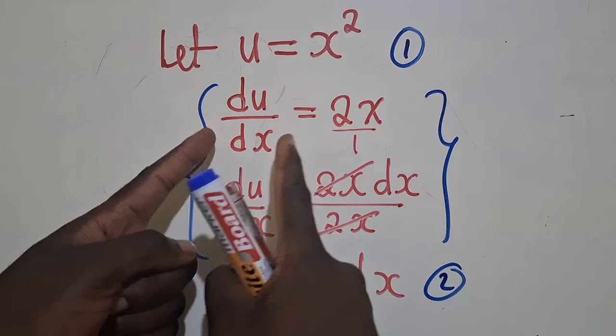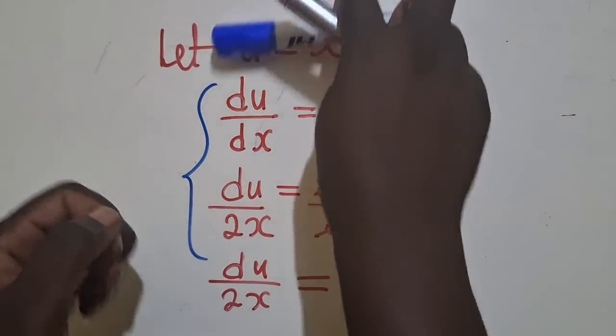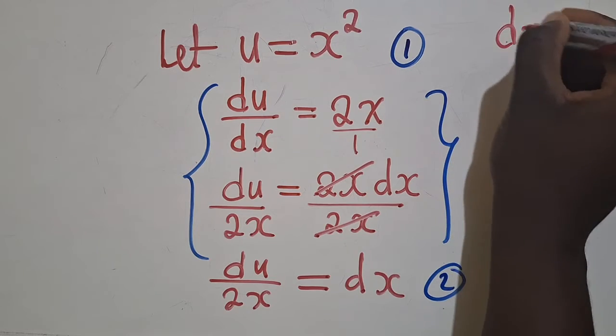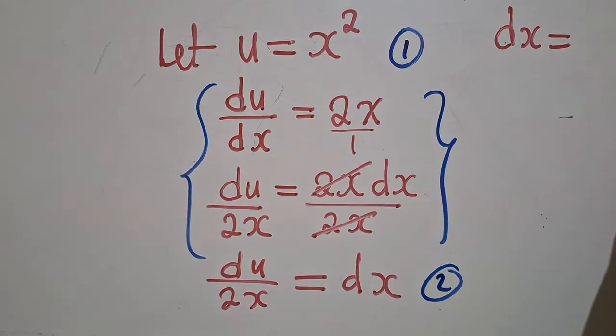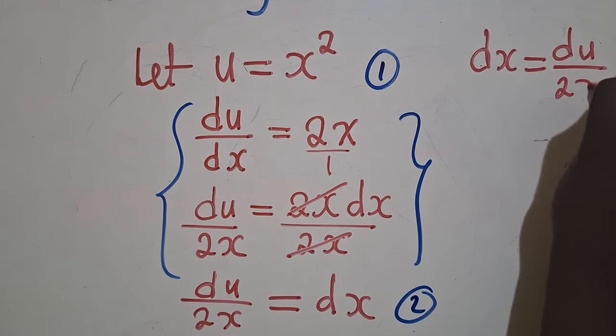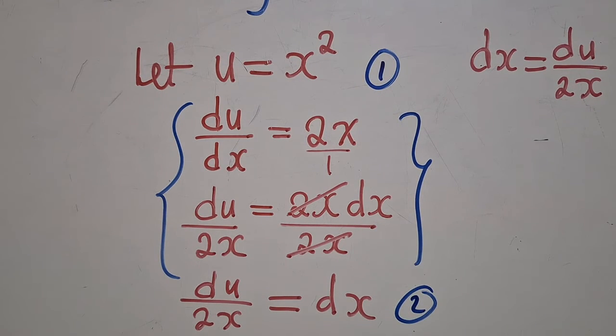You can just cross multiply from here and you will know that your dx will simply be equal to du over 2x.